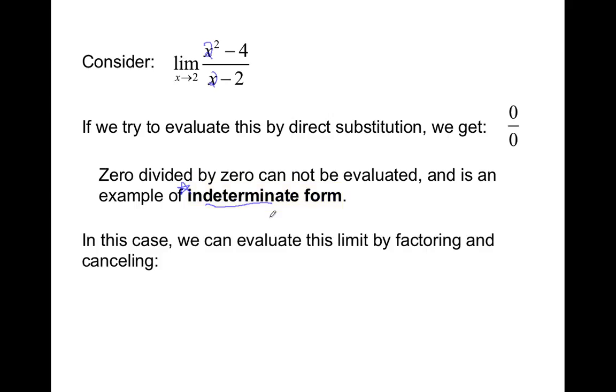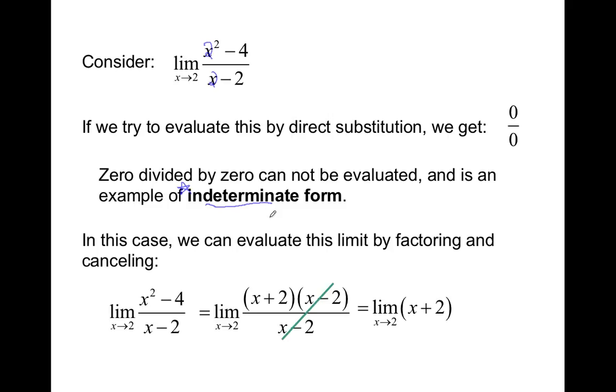Since this indeterminate form can be evaluated by factoring and canceling, I get 4, again, meaning that graphically what's happening is that my function looks like x plus 2, except at 2 there's a hole.